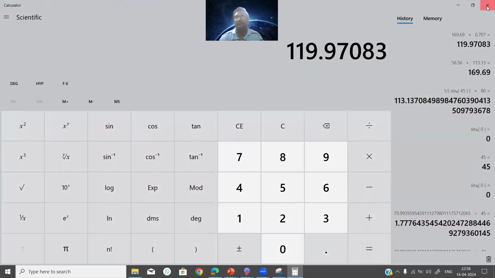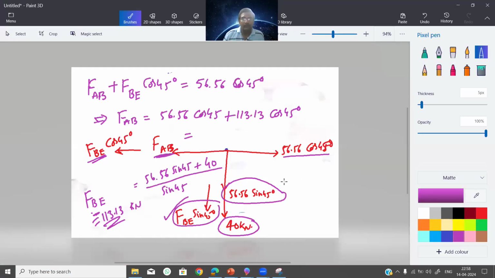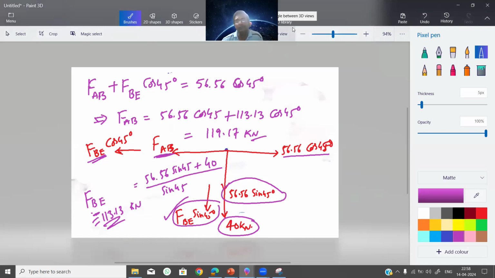So 119.97, right? So FAB will be equal to 119.97 kilonewton, right? So in this way, all the forces in the members will be calculated by taking free body diagram of each and every joint and solving in our regular method sigma fx 0, sigma fy 0.